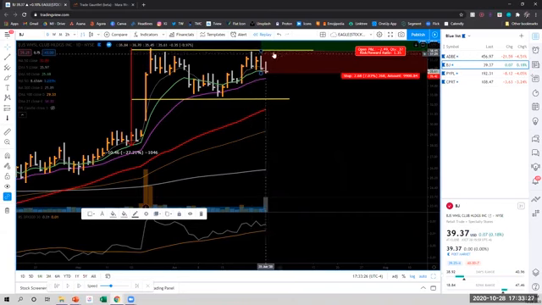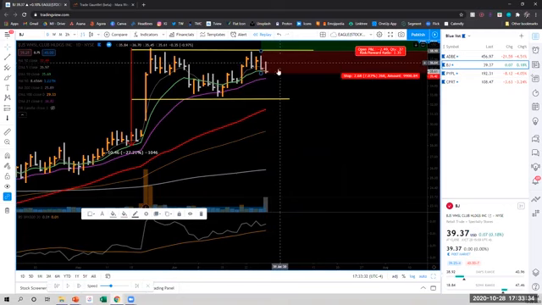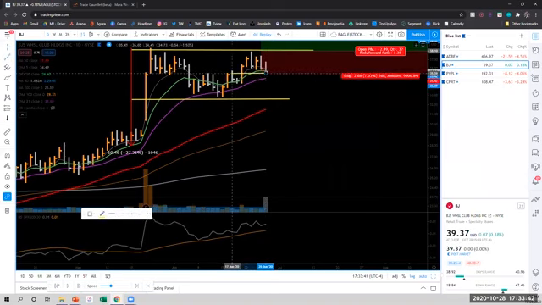If we break out over here without retracing below the stop first, then that means that this price level should hold. On that day, it's no coincidence that it came down to prior resistance.